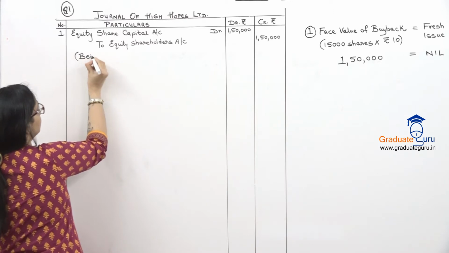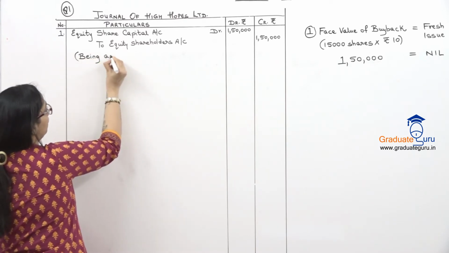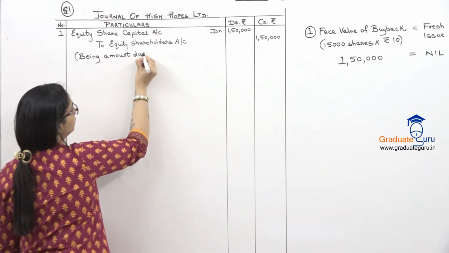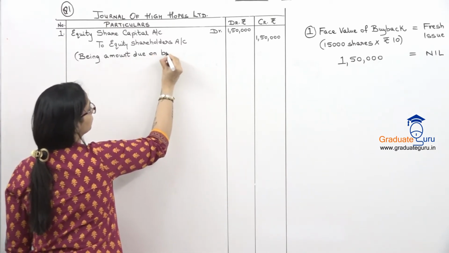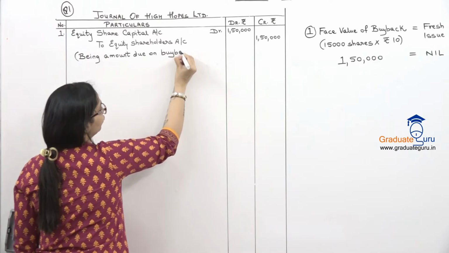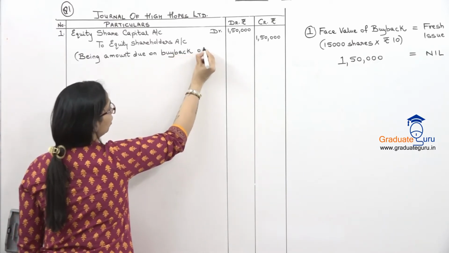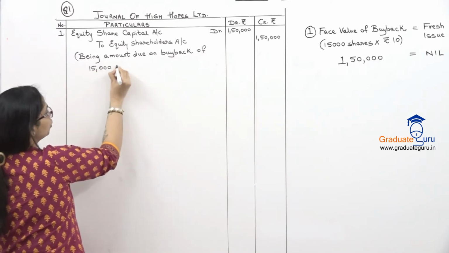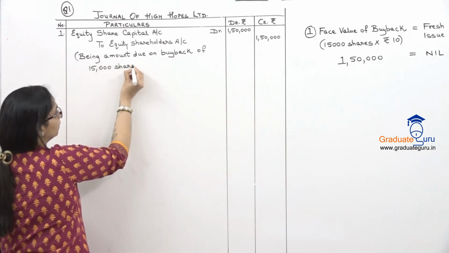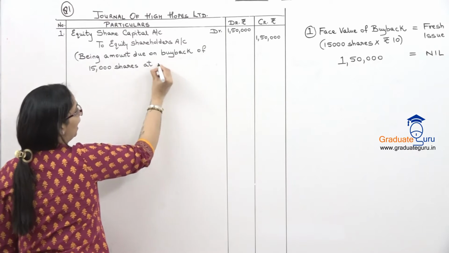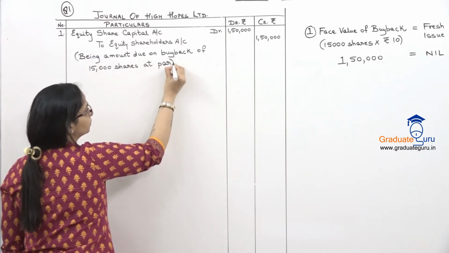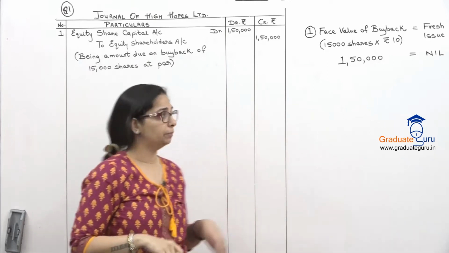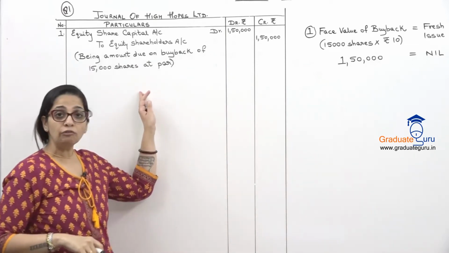Being amount due on buyback. If you want to give more information, you can also say of 15,000 shares at par. Using the words of the sum. Keep your narration simple. So that was your first entry.